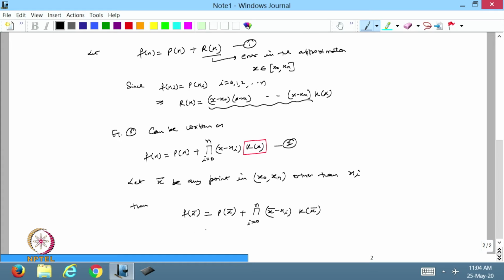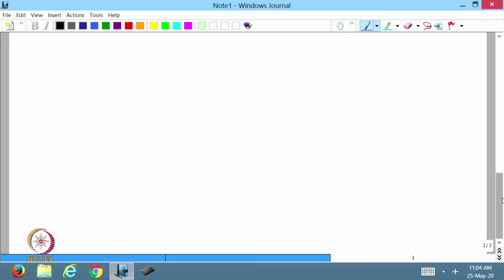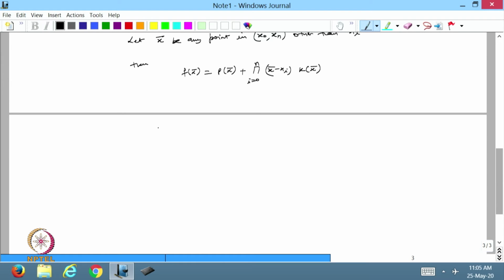Now, from this equation I will get k(x bar) is equal to f(x bar) minus p(x bar) divided by the product of (x bar minus xi), where i is from 0 to n.